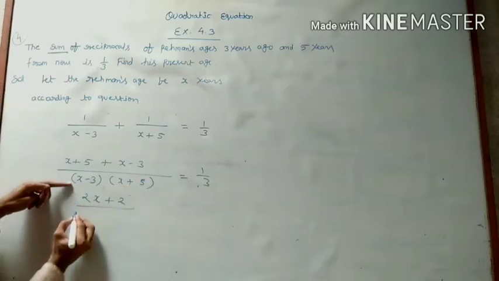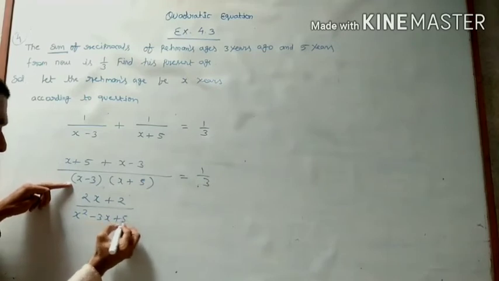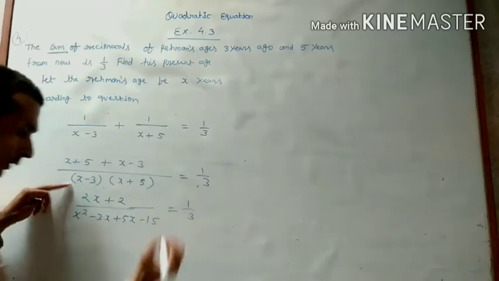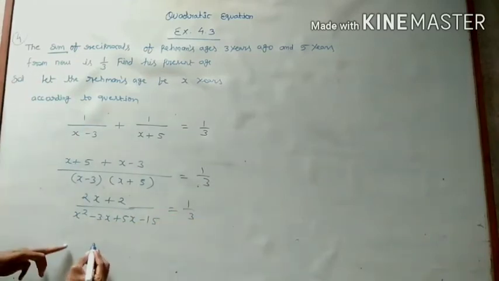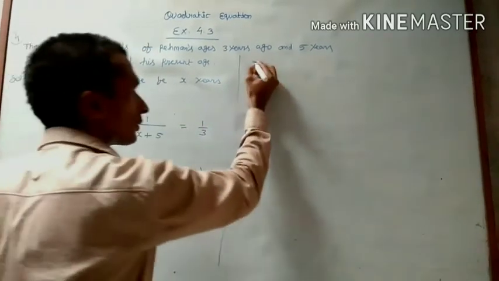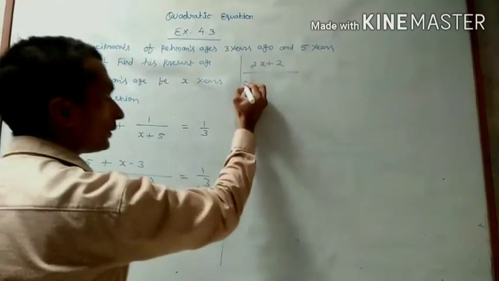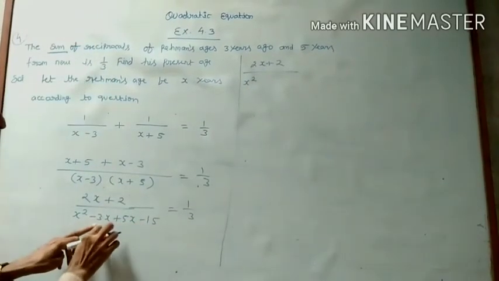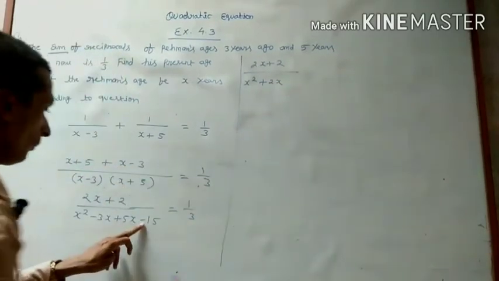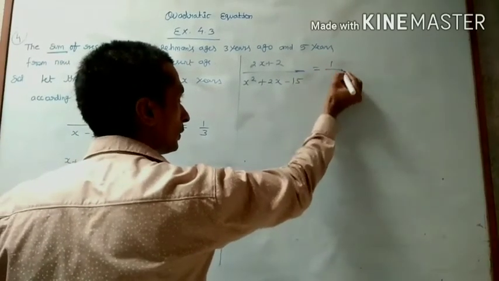So you can multiply. It is x square minus 3x plus 5x, and 5 3s are 15, minus 15 is equal to 1 upon 3. Okay, and the next step you can write in another way. 2x plus 2 as it is upon x square, also as it is, and now 5 minus 3 is 2, the bigger number is positive, so plus 2x minus 15, also as it is, equal to 1 upon 3.